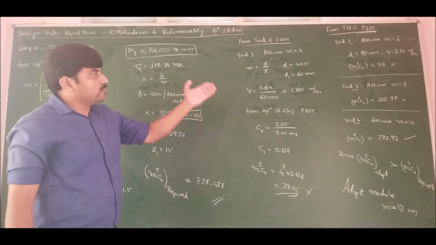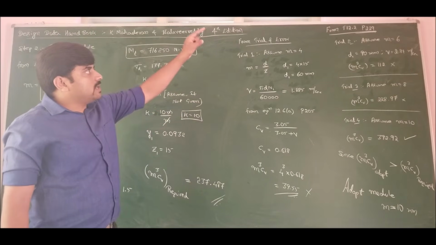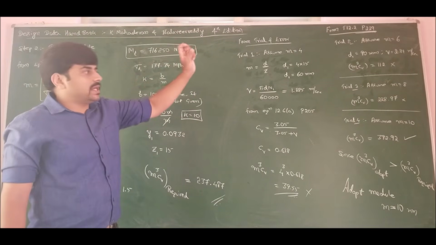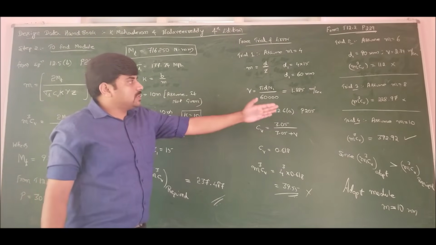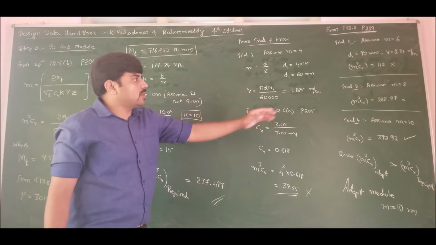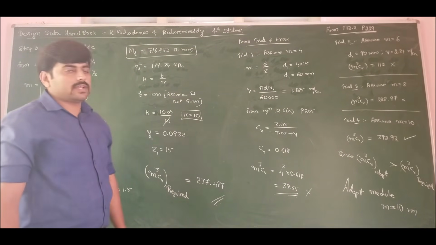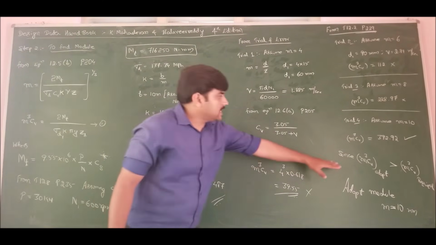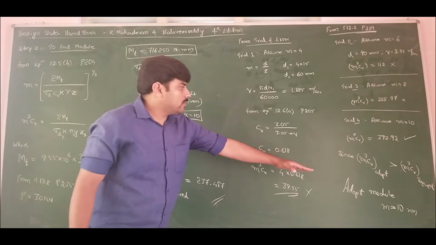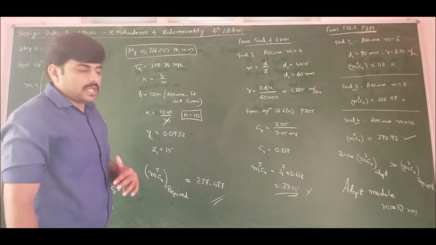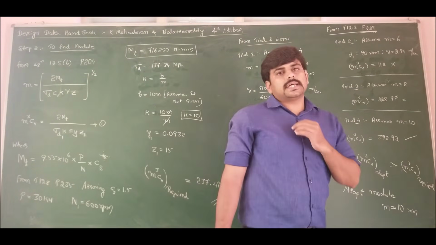So I moved to trial number 4. From table 12.2, module 9 is not available, therefore I choose module as 10. When I choose module 10, I exceeded the value of 237.487. Since the adopted value is greater than the required value, adopt module equal to 10 mm. So the module for the given problem is 10 mm.